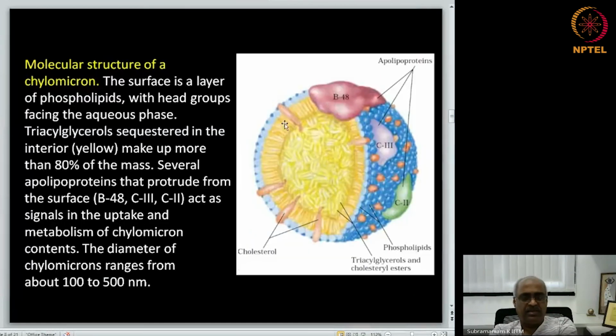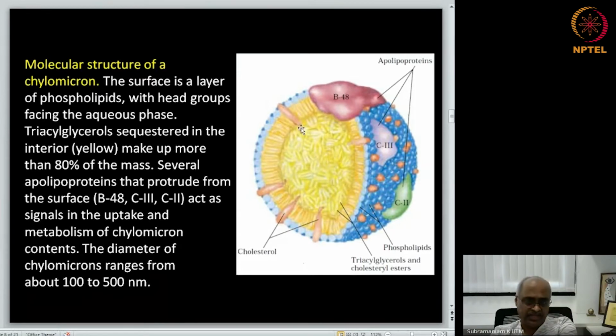That will be easier. Yeah, so this is a chylomicron structure. Inside you have this triacylglycerol. In the intestine, triacylglycerols are digested by intestinal lipase, forming free fatty acids and glycerol. And the free fatty acids taken up by the intestinal mucosal cells are again converted into triacylglycerol.